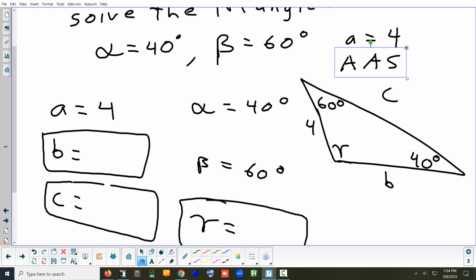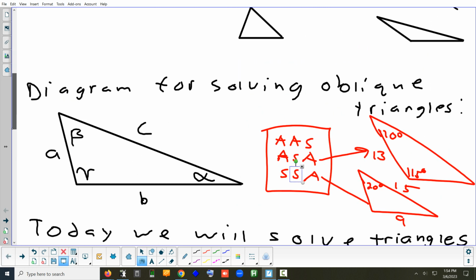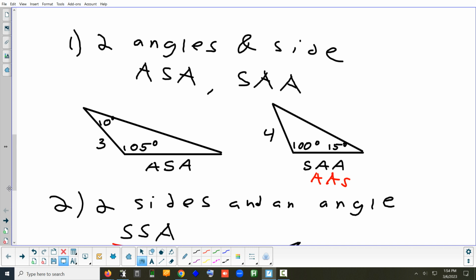You've got 2 angles and you've got a side, but the side that you know is not between the 2 angles. Whether you write AAS or SAA, that's fine. But either way, that type of problem is law of sines.